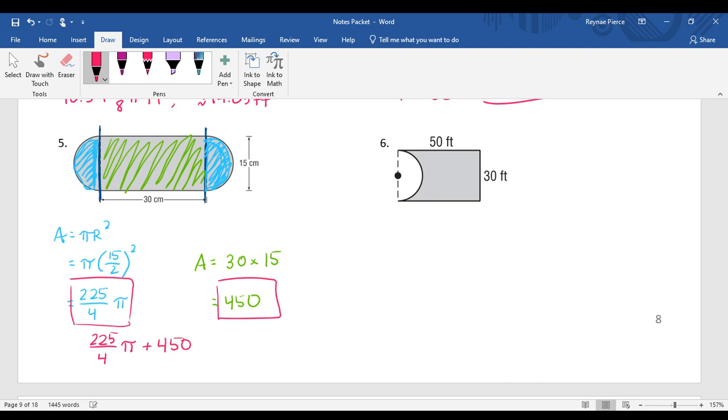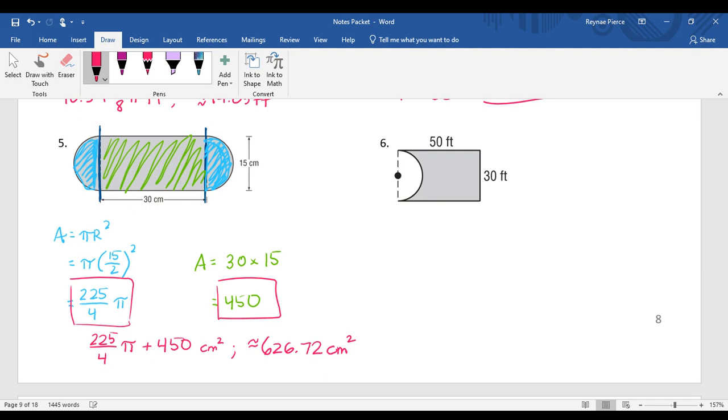They have to stay separate, okay? But if we want the approximate answer, that is about 626.72 square centimeters.